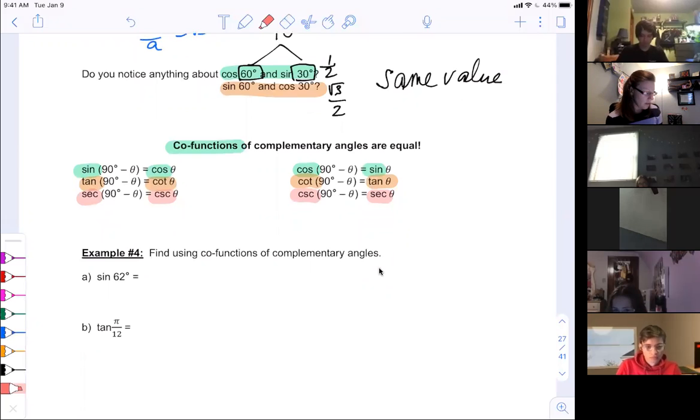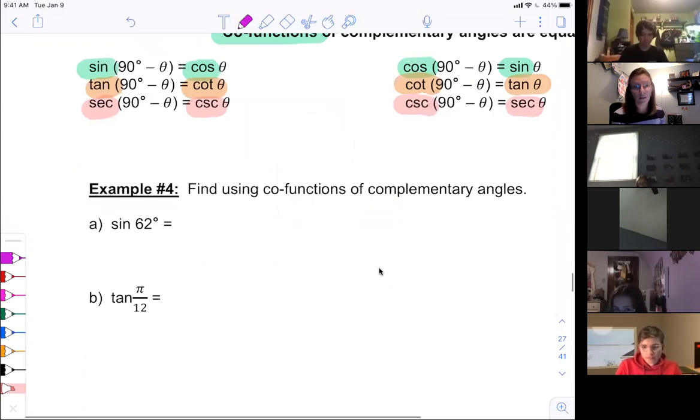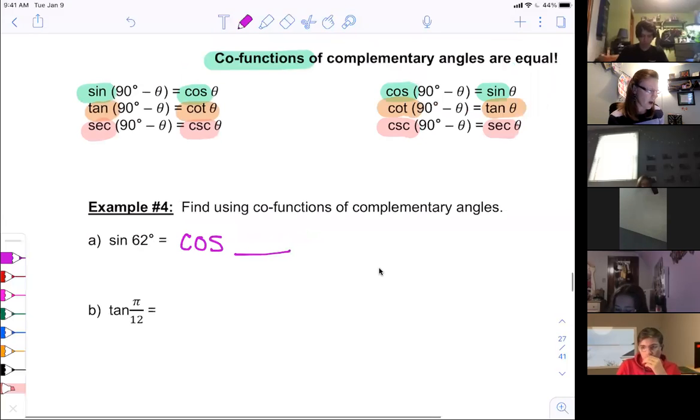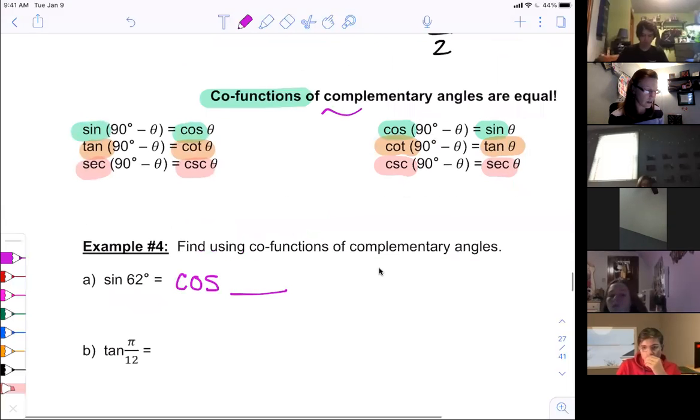So this says find using co-functions of complementary angles. If they give you the sine of 62 degrees, that is going to be the same as the cosine of what angle? Because the sine and cosine are co-functions. So if you have a 62-degree angle and you have the sine, if you have complementary angles, then co-functions are equal.